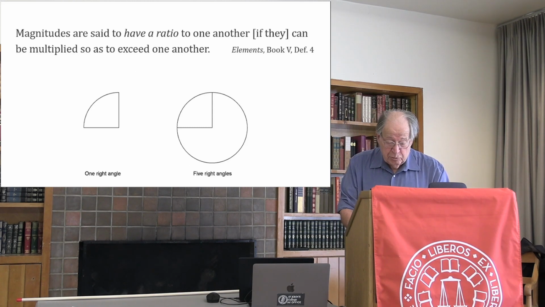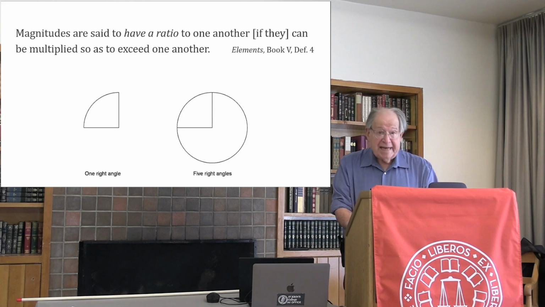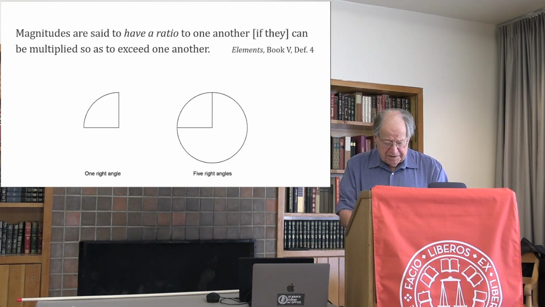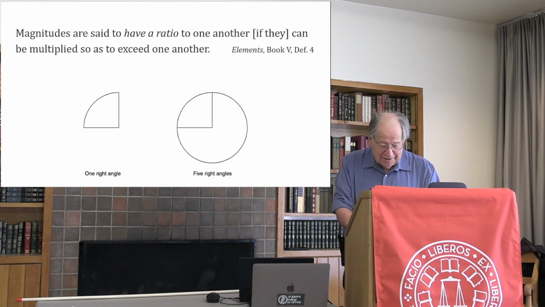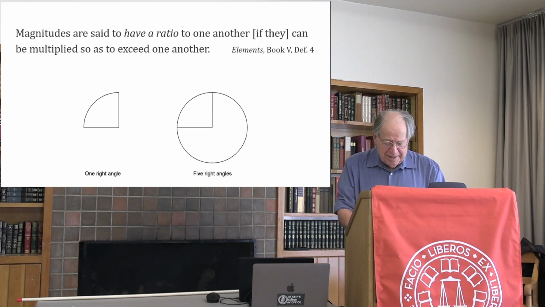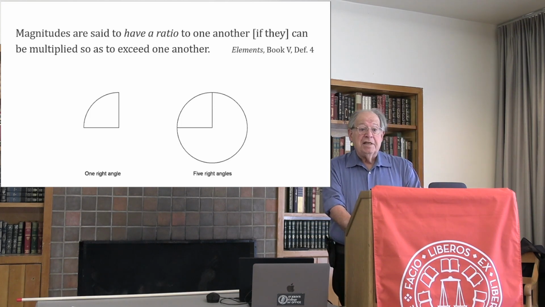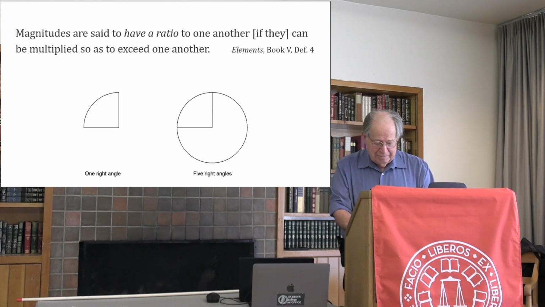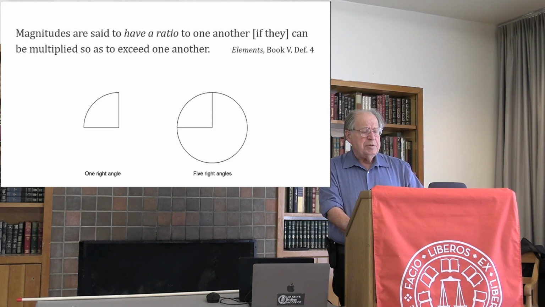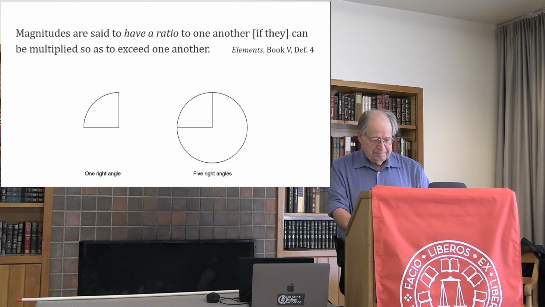But angles, when multiplied, do not exceed one another. They rather return upon themselves. 5 right angles does not exceed one right angle. It is geometrically the same as one right angle. Such is the native language of the paradigm circle, and that is why I wish to distinguish it from a language of simple magnitude.